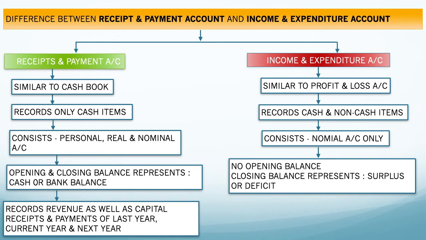The last one is that the receipt and payment account records revenue as well as capital receipts and payments of last year, current year and next year. What we mean by revenue and capital, we'll see in the next slide. In short, it records all transactions, whether related to last year, current year or next year. Because the receipt and payment account is a cash book, it doesn't see whether I have received or paid money for the last year.